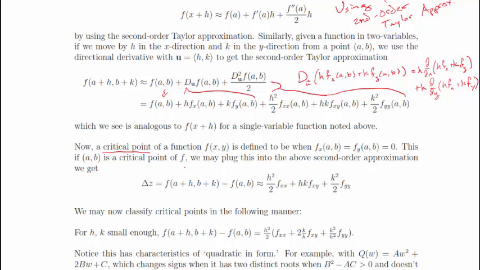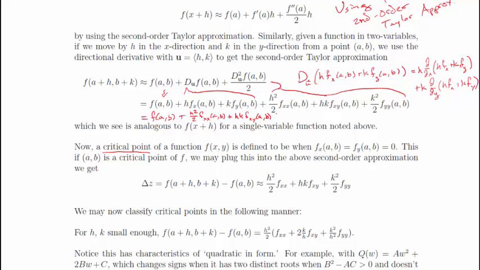So we're going to get up here that this equals f of a comma b plus h squared over 2 f sub xx of a comma b plus hk f sub xy of a comma b.